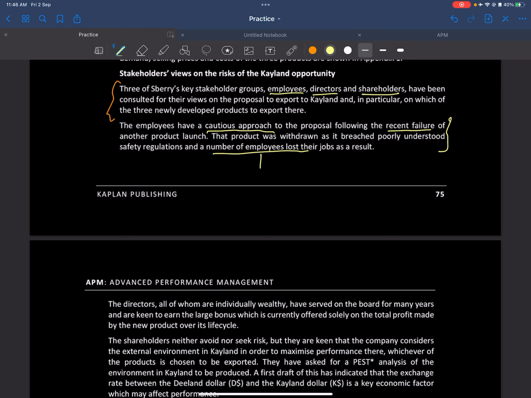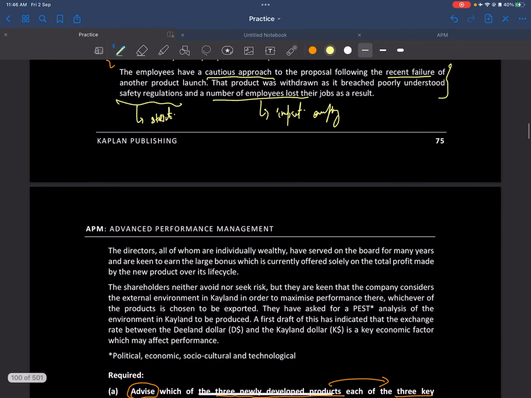So we can talk about the impact on employees. We can talk about the safety regulation, right? So it could be that it's a strict environment. Good analysis points, right? So that marks could be earned. It's operating in a strict environment, or the product launch was in a strict environment, which the product breached, right?